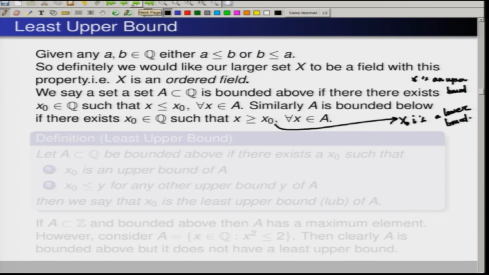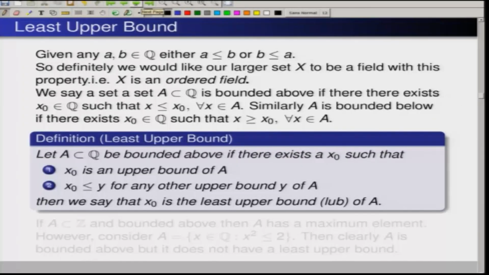So now look at the set of rationals which are less than 1: definitely 2 is an upper bound, 1 is an upper bound, 3 is an upper bound, anything bigger than 1 is an upper bound. Similarly, for the positive rationals, 0 is a lower bound, and minus 1 is also a lower bound. So it is not necessary to have just one upper bound or one lower bound.